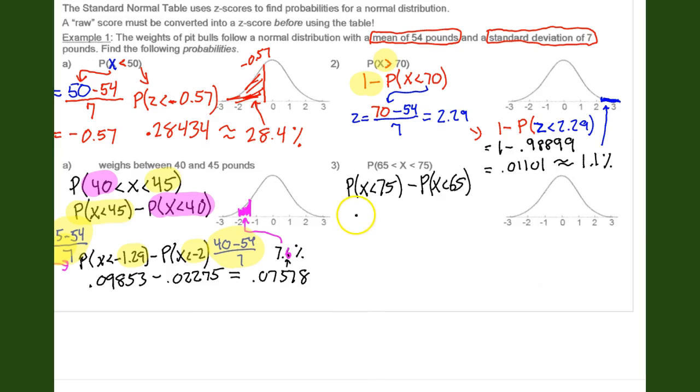The z-scores will be 75 minus 54 over 7, and 65 minus 54 over 7. So my two z-scores are 3, and here we're going to get 1.57.